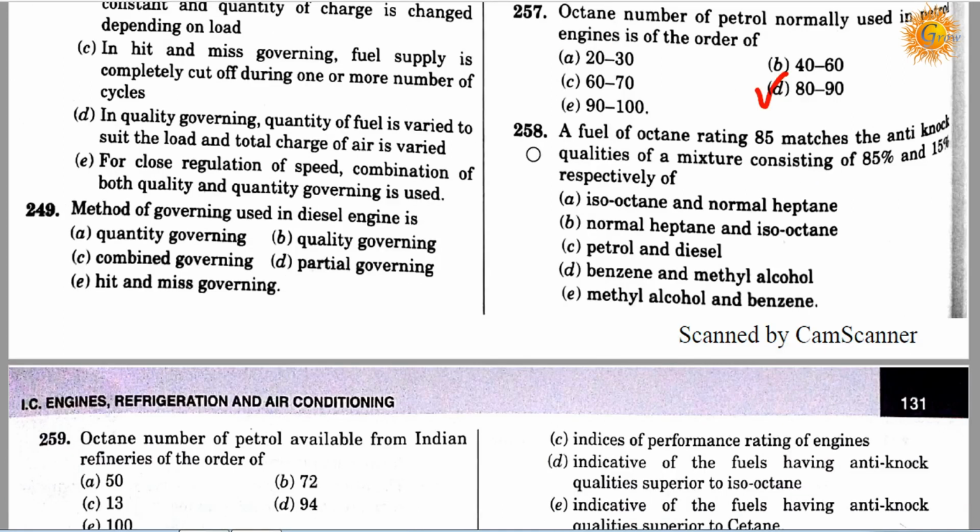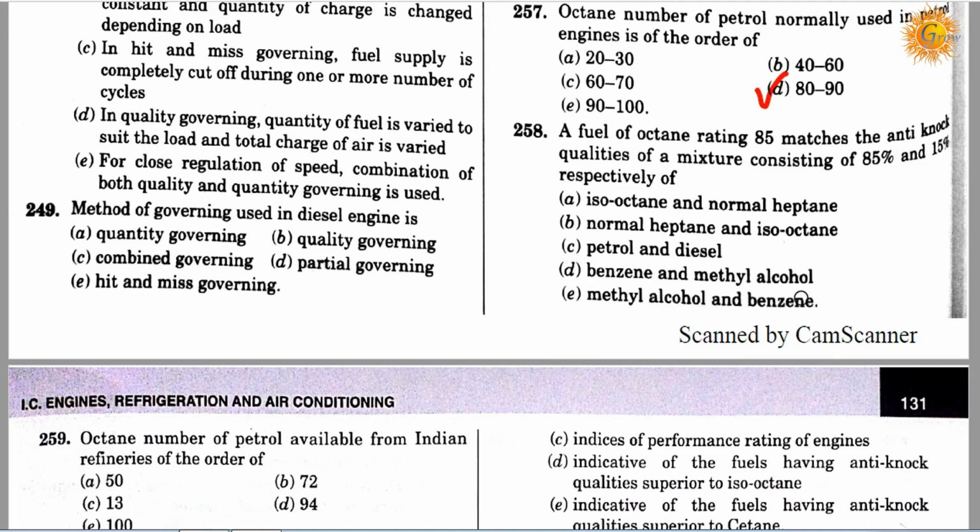Question number 258. A fuel of octane rating 85 matches the anti-knocking qualities of a mixture consisting of 85% and 15% respectively of: option A, isooctane and normal heptane; option B, normal heptane and isooctane; option C, petrol and diesel; option D, benzene and methyl alcohol; option E, methyl alcohol and benzene.